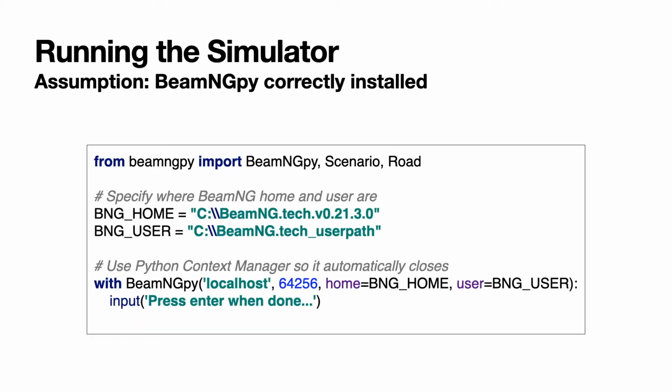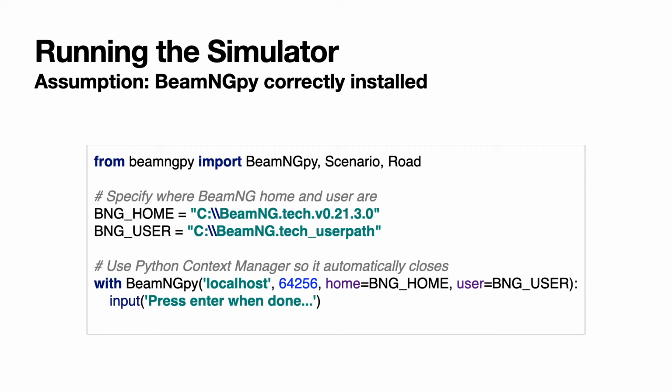That's why BeamNG.py also comes as a Python context manager. If you are not familiar with Python context managers, those are classes that you use by means of the with keyword in Python, which ensures that they initialize and release automatically when the control flow exits the block.